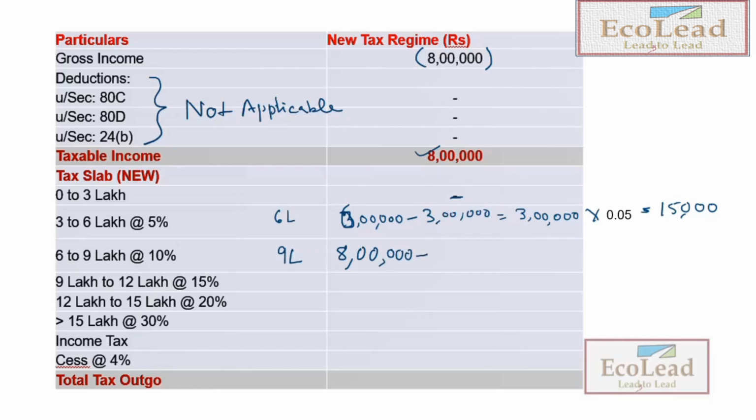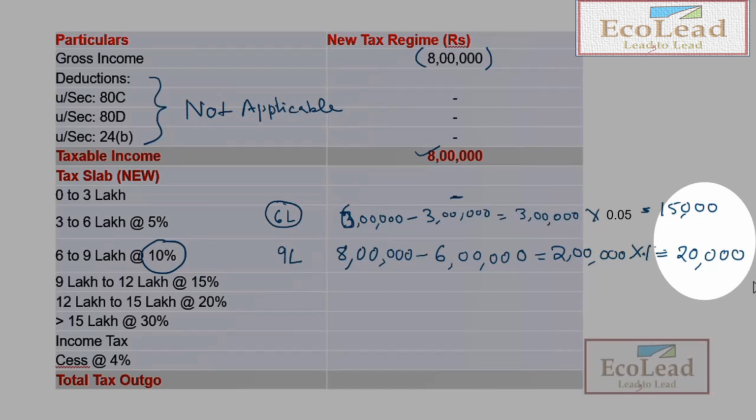From 8 lakh we will deduct 6 lakh, which is the upper limit of the previous slab, and the amount will be 2 lakh rupees. On 2 lakh we need to pay 10% of tax, so 10% means 0.1. If we multiply 0.1 with 2 lakh, the value will be 20,000.